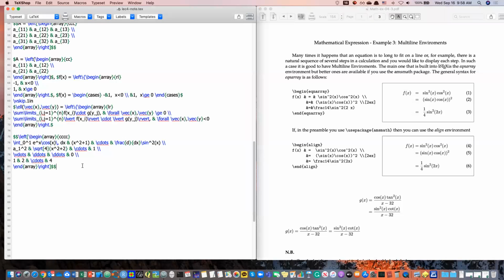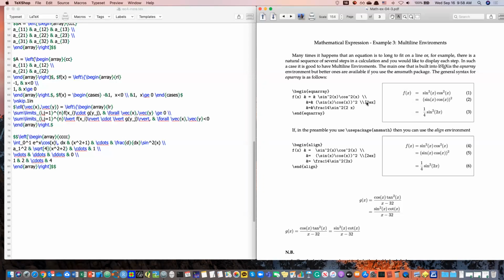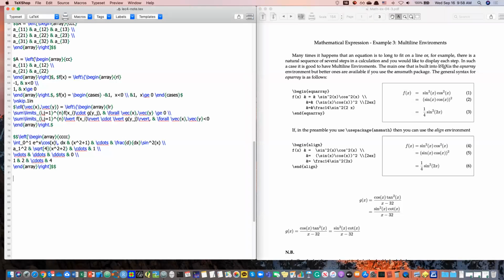So let me try. But by the way, what's a 2x? This is the double space. This gives just a double space. Now, since this LaTeX command is shown in the example right there, try by yourself.